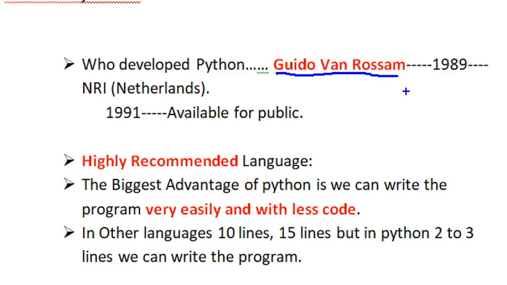In the year 1989, when he was at the National Research Institute in Netherlands, he developed this Python programming language, Guido van Rossum, but it is available to the public from the year 1991. He developed it in 1989, but for the public it is available from 1991.